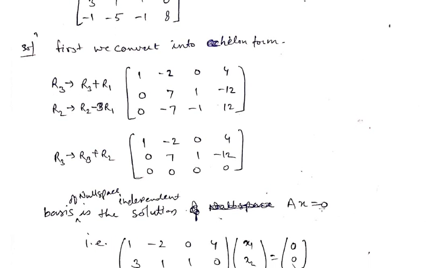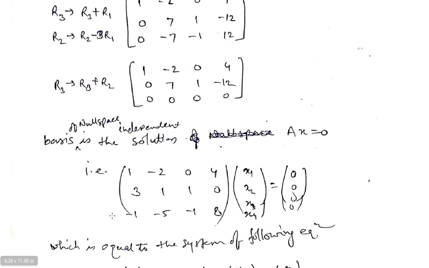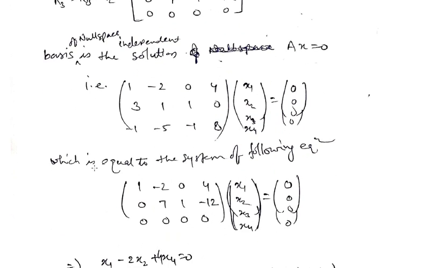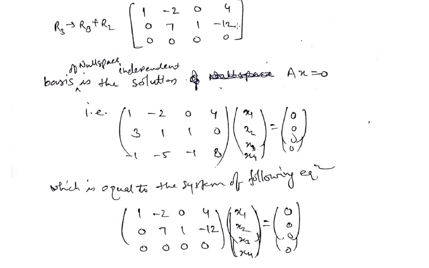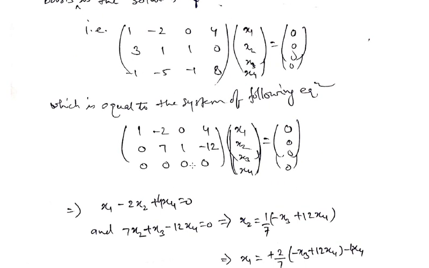The basis of the null space consists of independent solutions of the system of linear homogeneous equations whose coefficient matrix is the given matrix, and in place of A we will use the resultant echelon form matrix.